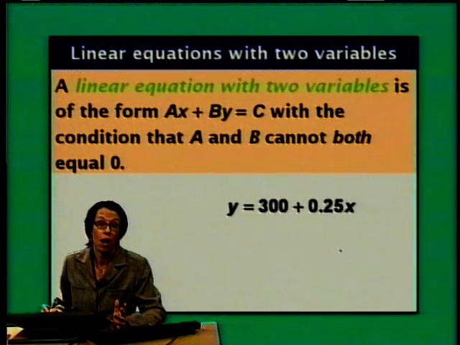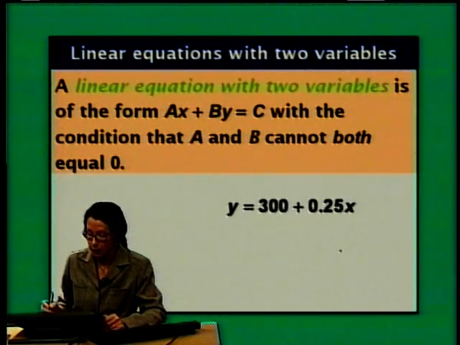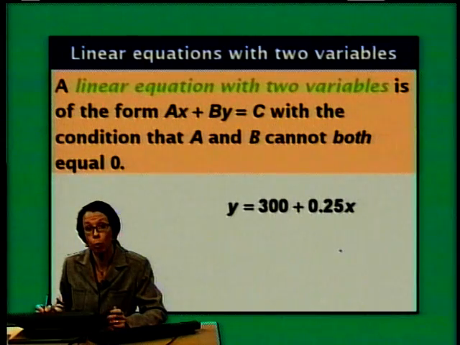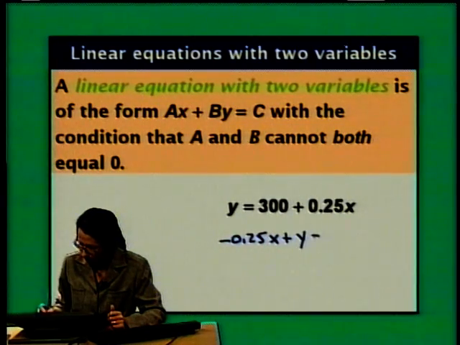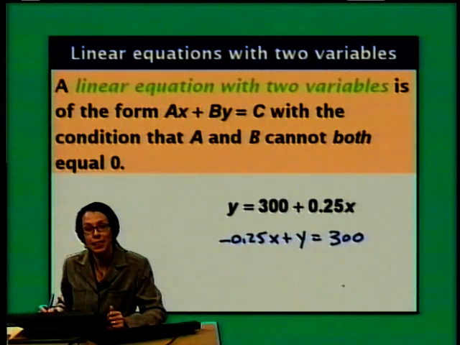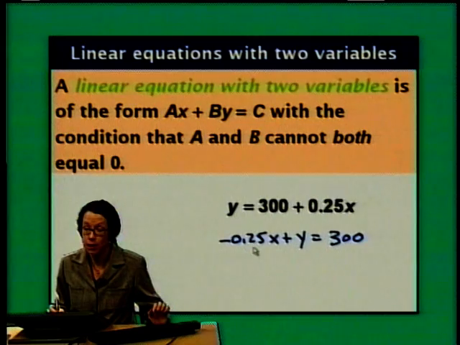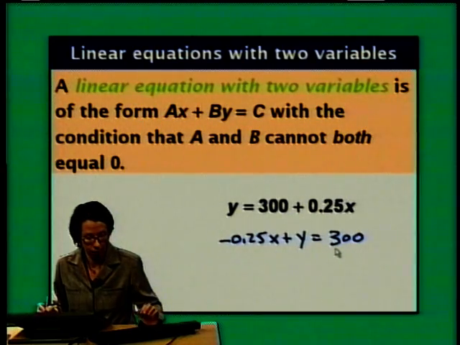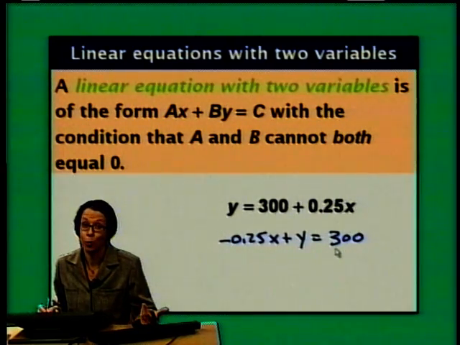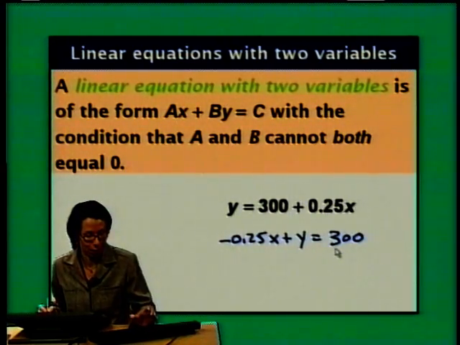And if I want to talk about the values of A, B, and C, I'm going to subtract 0.25x from both sides. And I can see that the value of A is negative 0.25, the value of B is 1, and the value of C is 300. Now I did those kind of fast. We'll have plenty of practice with that in later parts of the lesson.